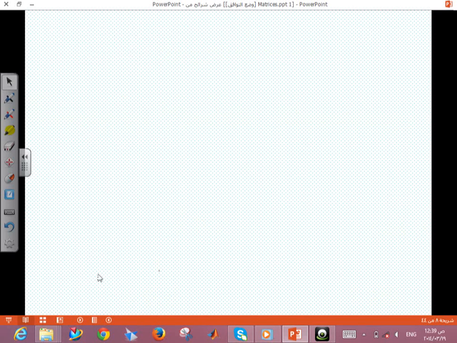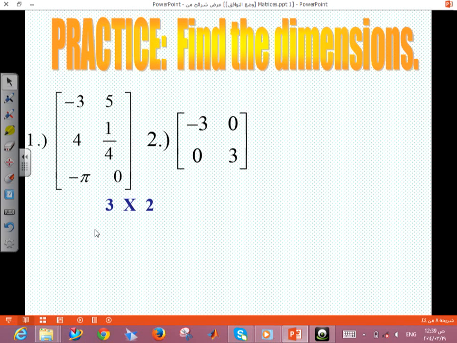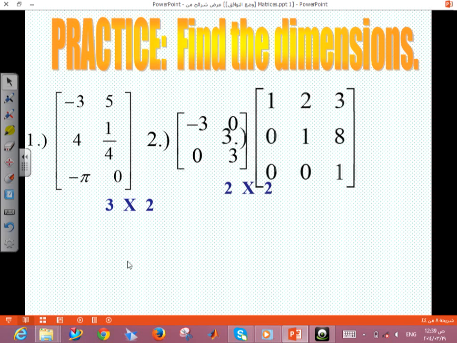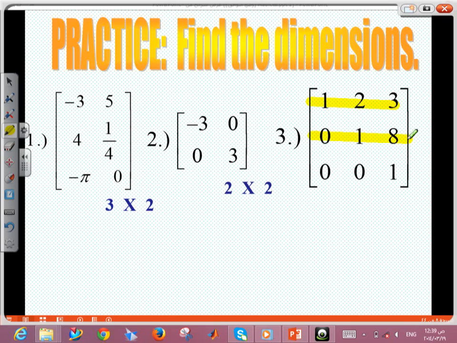1 times 2. This has 1, 2, 3 rows and 2 columns. Here, 2 rows and 2 columns, 2 times 2. Yes. Here, 1, 2, 3, 1, 2, 3. Okay?